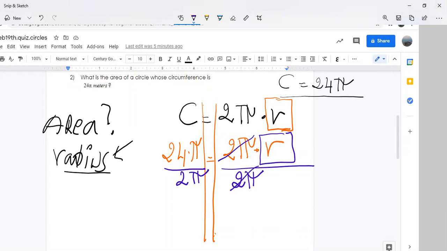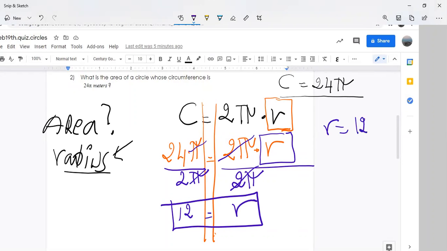Here, anything divided by itself cancel, and you're left with r, which is what you want. Pi divided by pi cancel, that's 1. And what's 24 divided by 2? Well, that gives you 12. So the radius is 12 meters. So r is 12 meters, okay? Well, I know r. Now I use the equation for area to find the area.